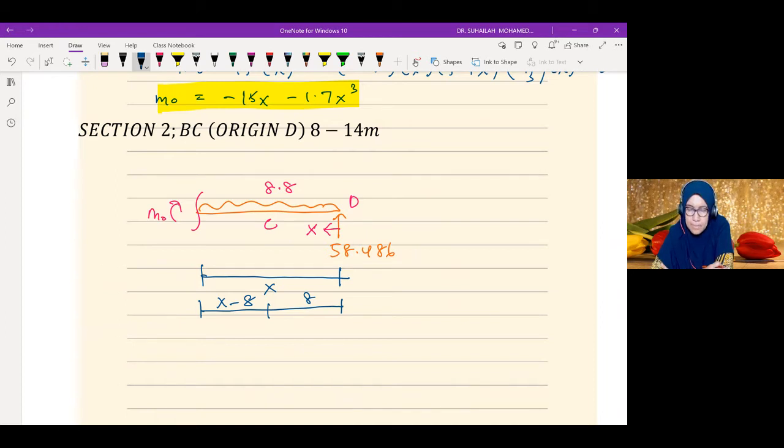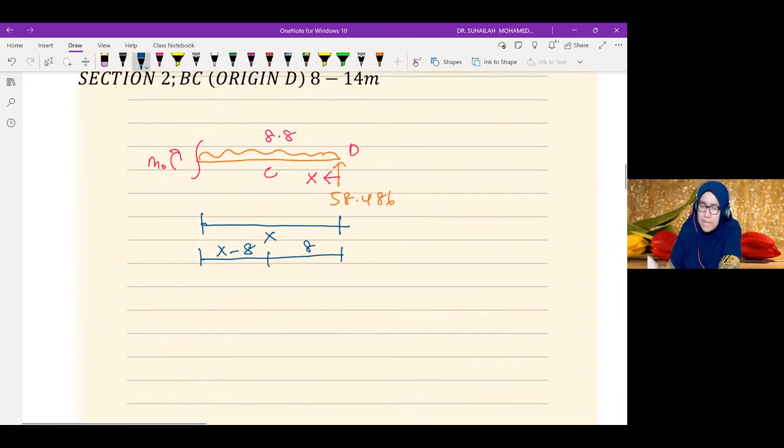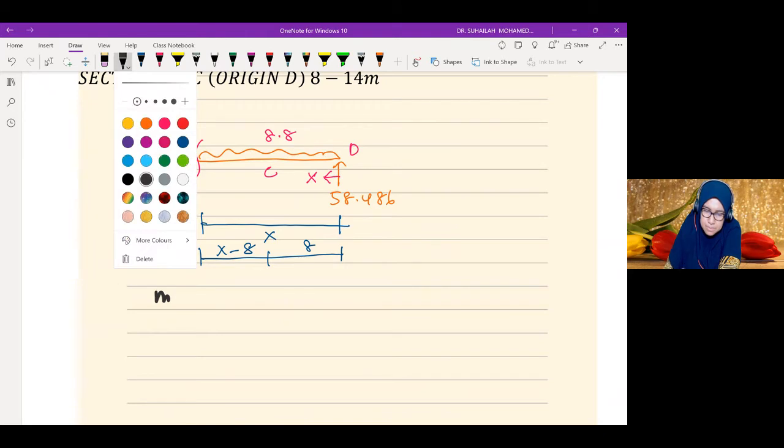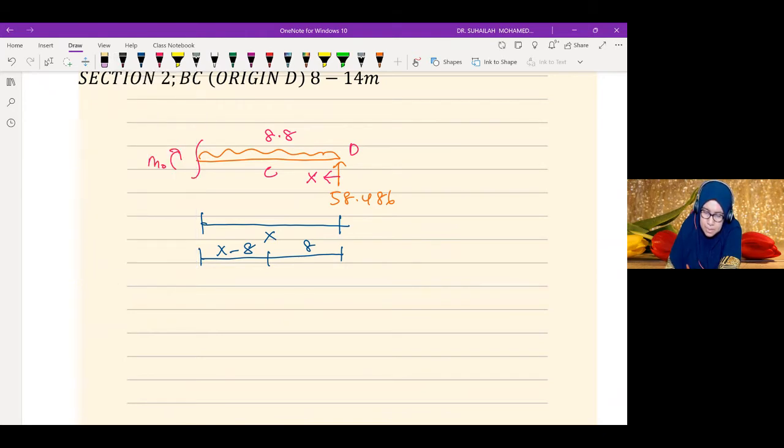So we write the moment equation by taking moment at the cutting point, somewhere between B and C. So the moment equation is M naught, minus 58.486 times X.